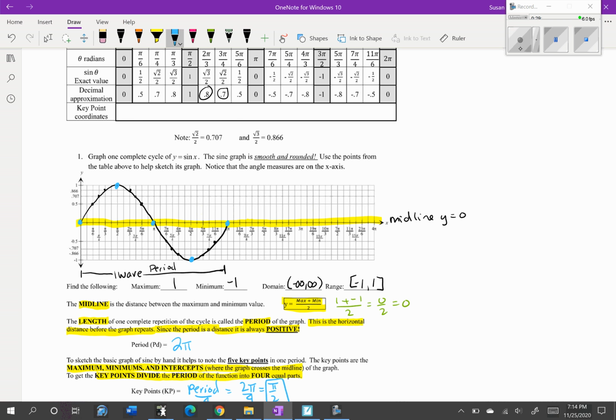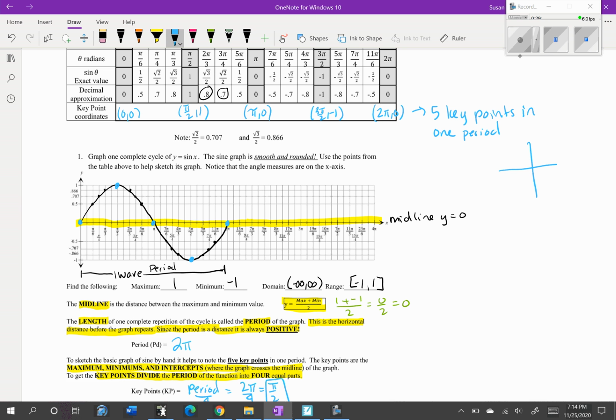For this sine graph, it's (0, 0), then (pi over 2, 1), (pi, 0), (3 pi over 2, -1), and (2 pi, 0). So those give us our key points. Again, notice there are 5 key points in one period.